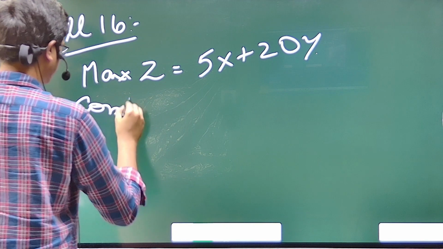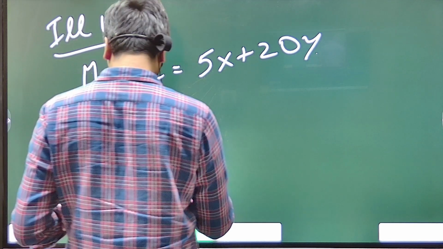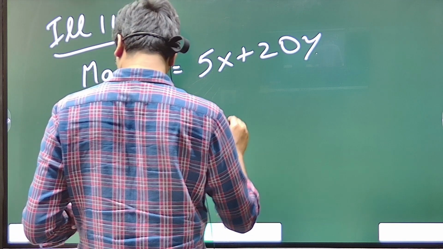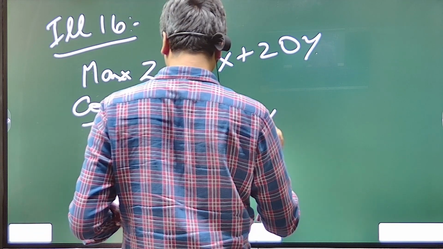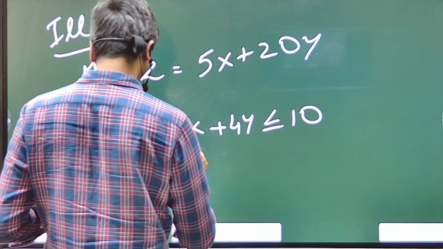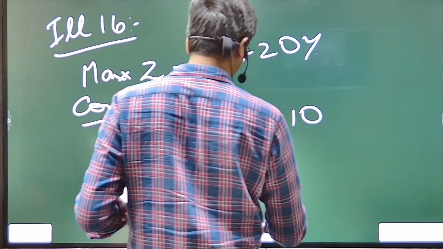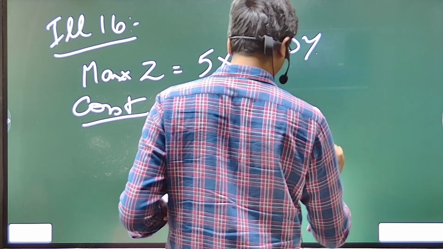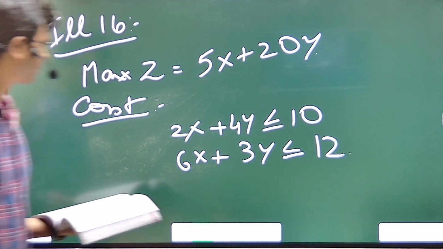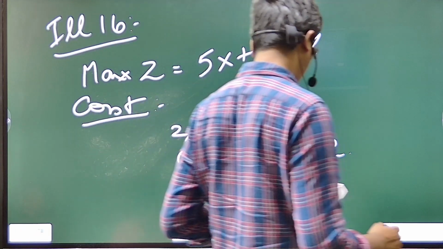And the constraints, you have 2x plus 4y less than or equal to 10. And then you have 6x plus 3y less than or equal to 12. Simple? Now let us see what a simplex tableau is.